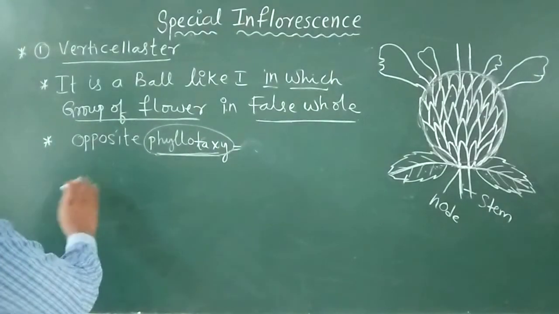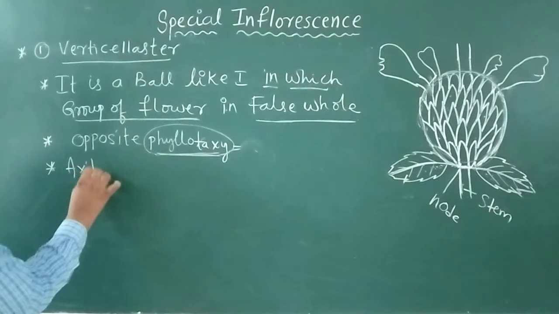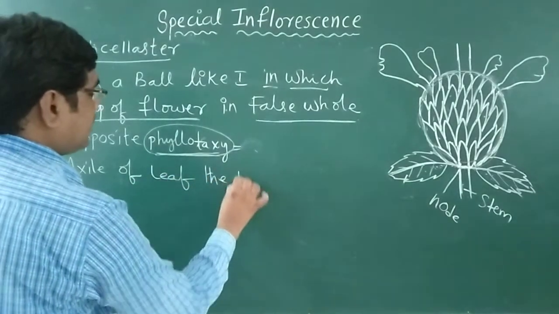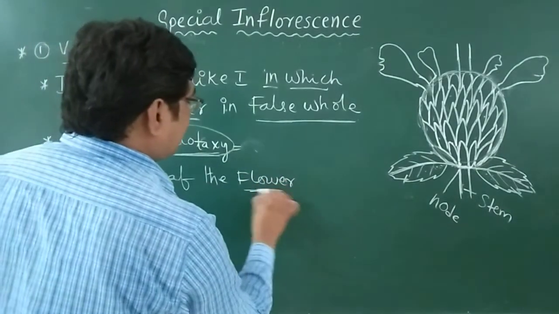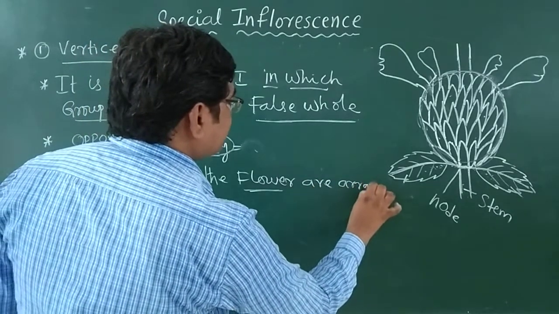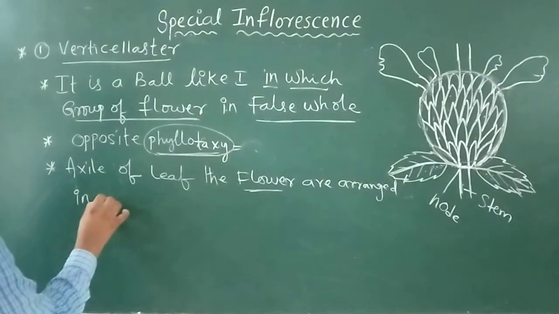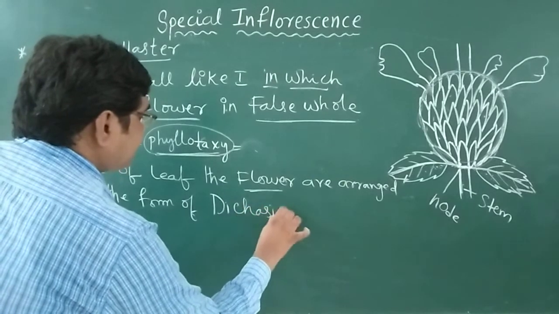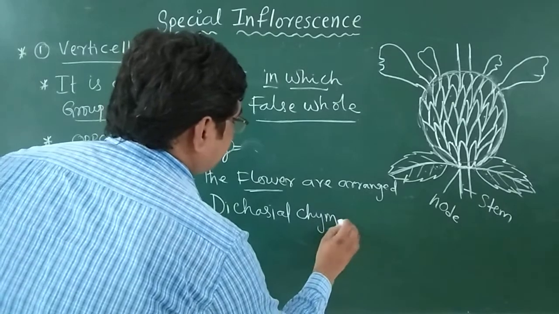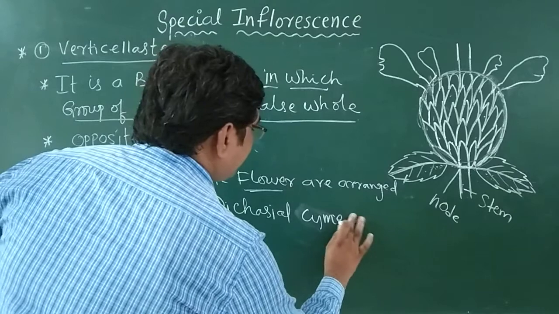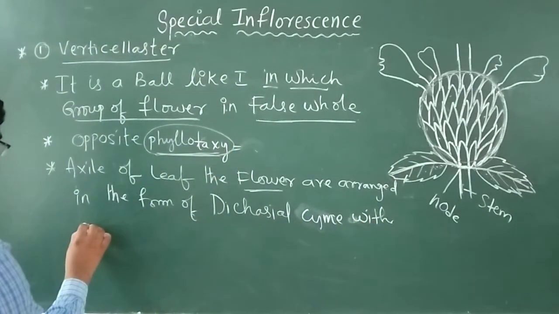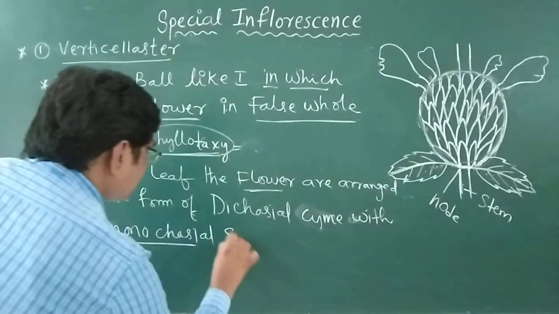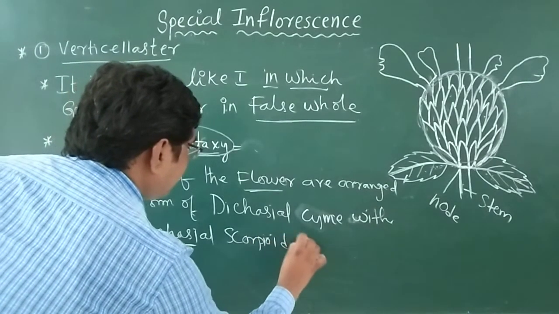That is called phyllotaxy. So at the axil of the leaf, the flowers are arranged in the form of a dichasial cyme with two monochasial scorpioid cymes.